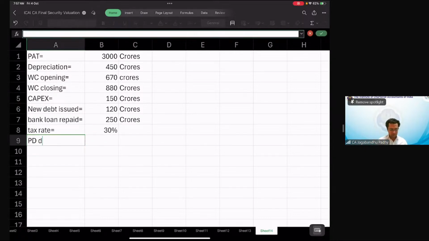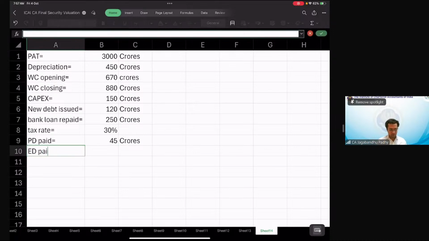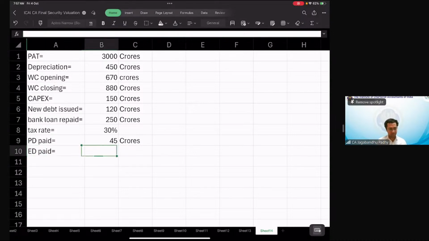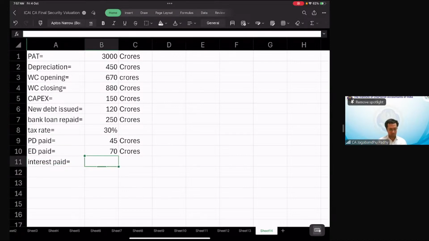Then preference dividend paid is 45 crores. Equity dividend paid is, let's say, 70 crores. Interest paid is, suppose, 47 crores.